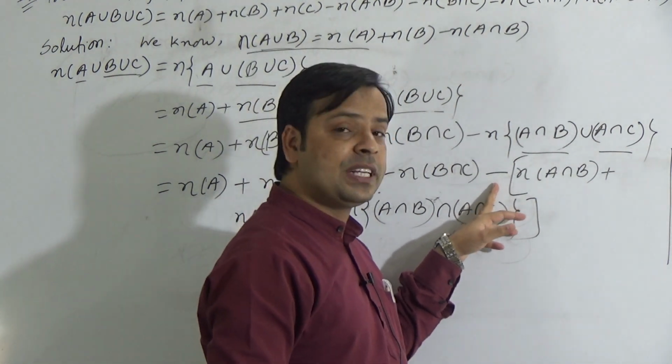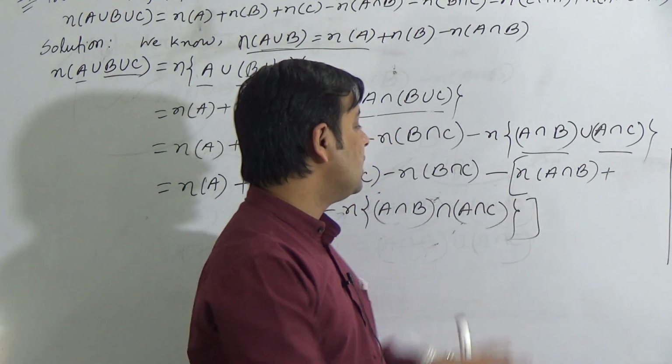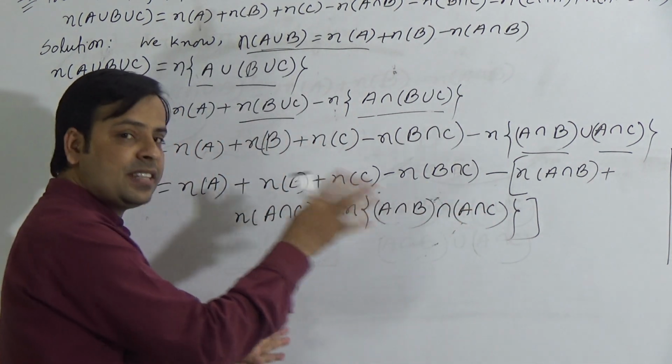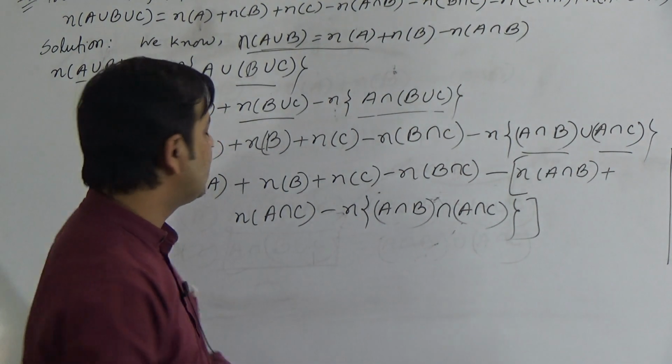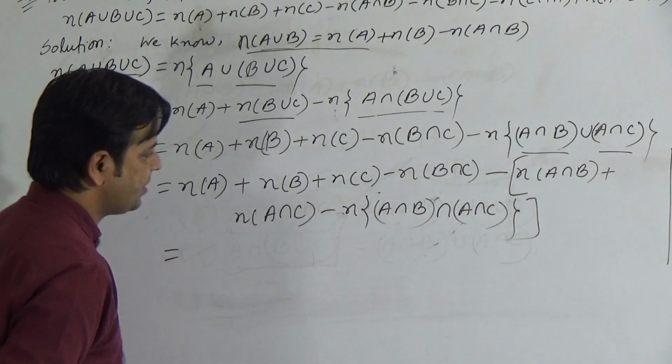When we will remove this bracket, then the sign of the terms inside the bracket will be changed. For this I have used here third bracket. Now I will remove that bracket.